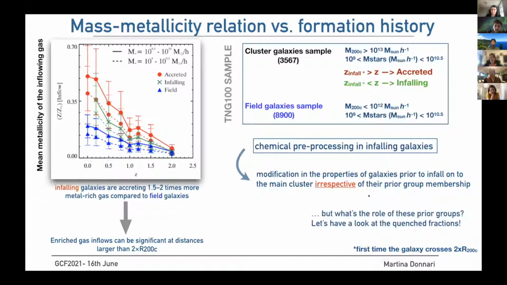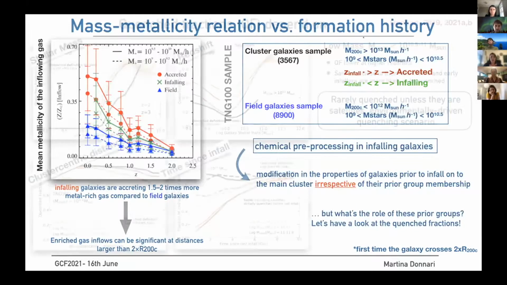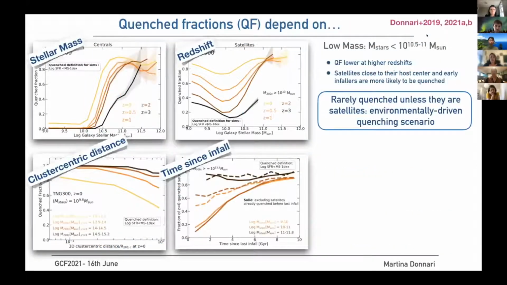So if we just have a look at the role of this prior group, we can observe the quench fraction. Here I'm showing you the quench fraction and its dependence on the stellar mass, redshift, cluster-centric distance, and time since infall. So here we can basically divide the main result into subgroups. The first one is for low mass galaxies, meaning galaxies with stellar mass less than 10^10.5 to 10^11 solar masses.